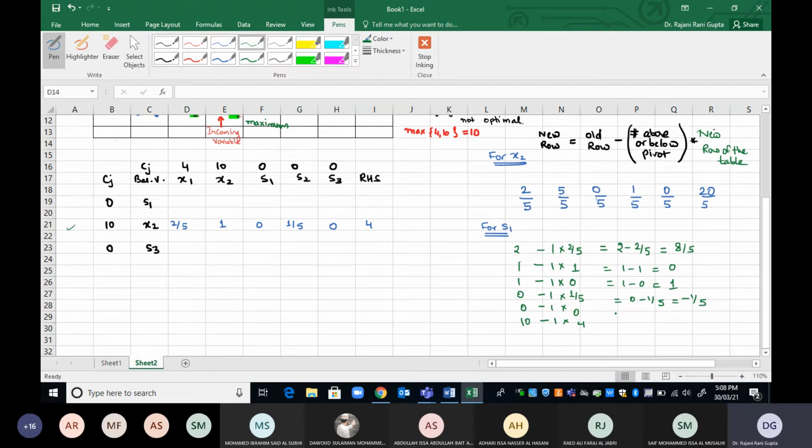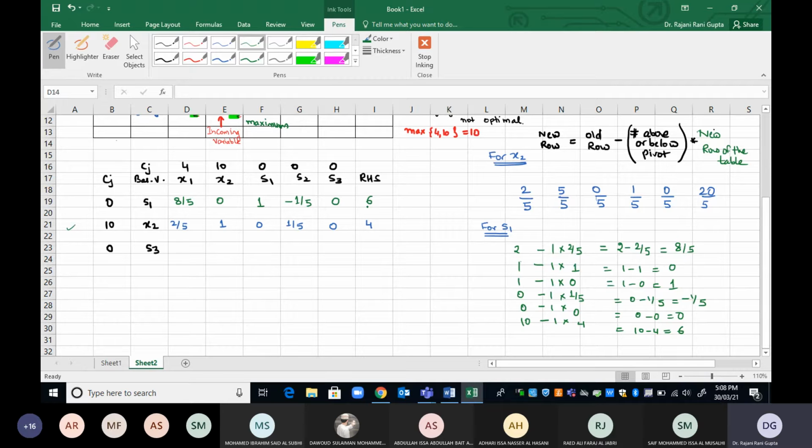And 10 minus 4, which is 6. So now these numbers, 8 by 5, 0, 1, minus 1 by 5, 0, 6, come here. 8 over 5, 0, 1, minus 1 over 5, 0 and 6. Clear?